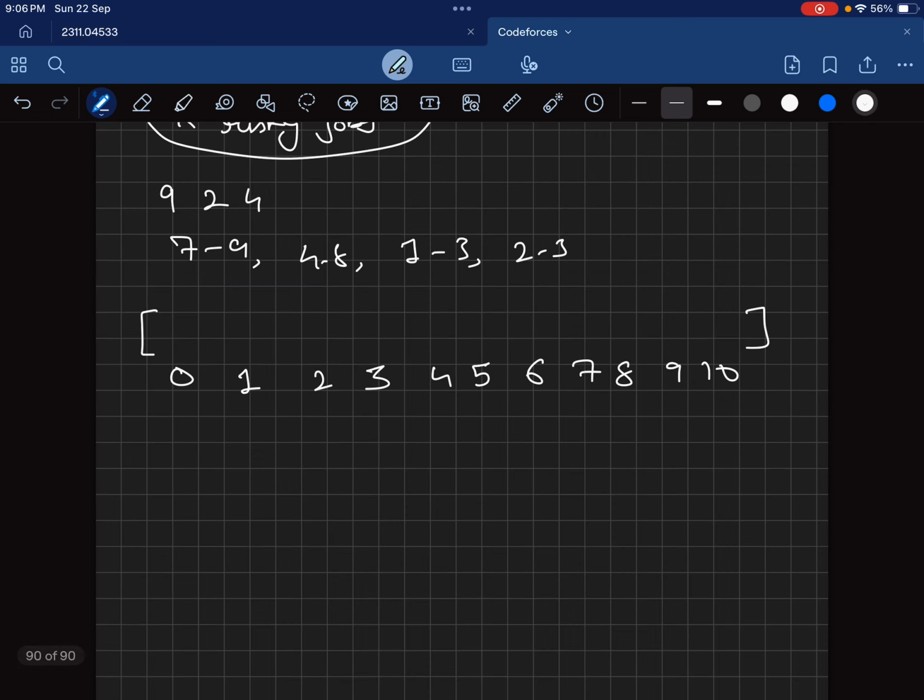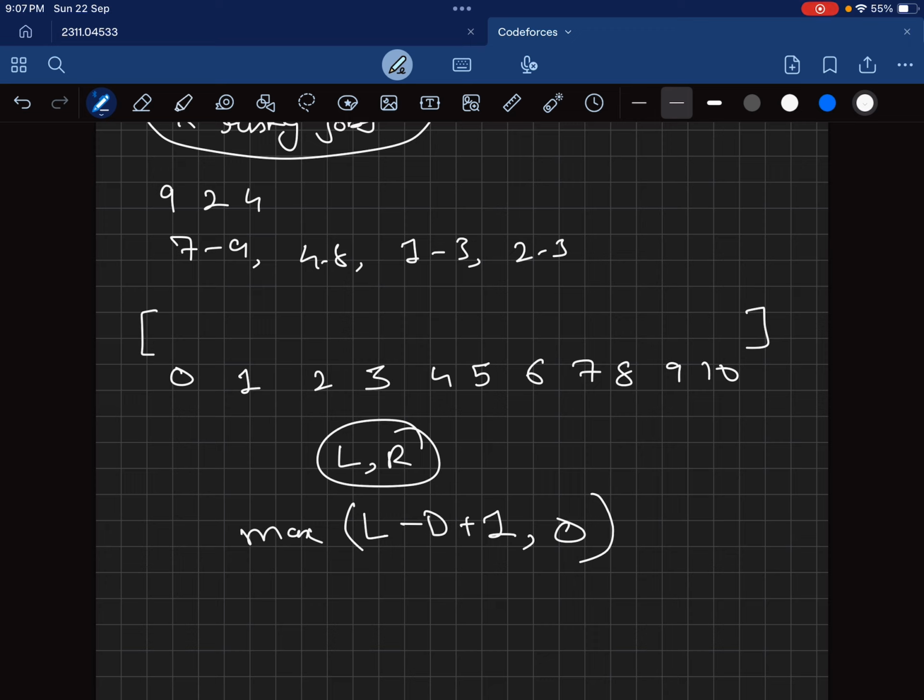Now let us try to look at each of the jobs. Say 7 to 9. This job will last from day 7 to day 9, but if you visit on say day 6, even then you will encounter this job, right? So what I intend to do is, when we get input of the intervals of the job, we replace L by L minus D plus 1, essentially the max of these two quantities.